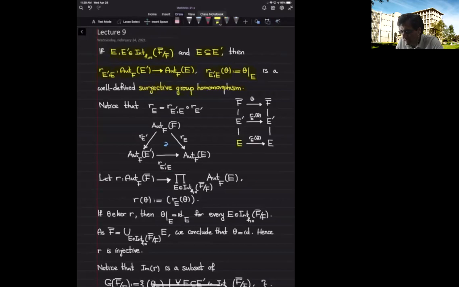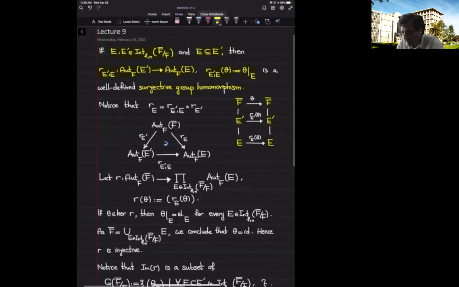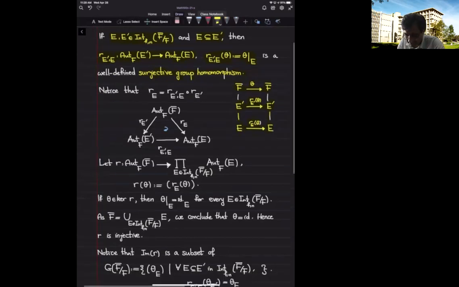I have F bar. Inside F bar, I have E prime, and inside E prime, I have E. If I start with theta, I can restrict it to E prime and E, or I can restrict it from E to E prime. So I get this kind of trivial equality.